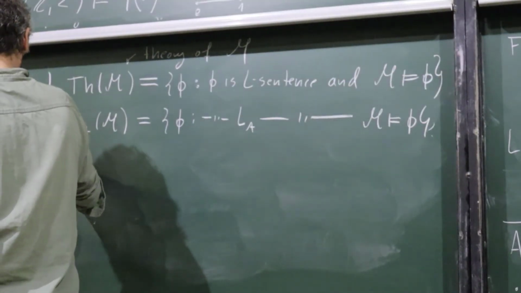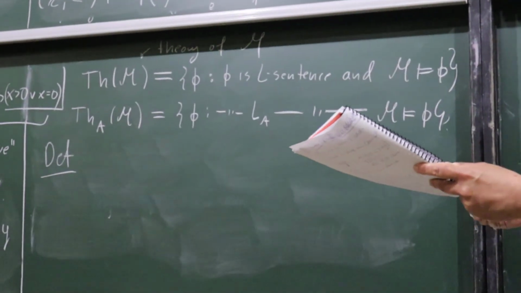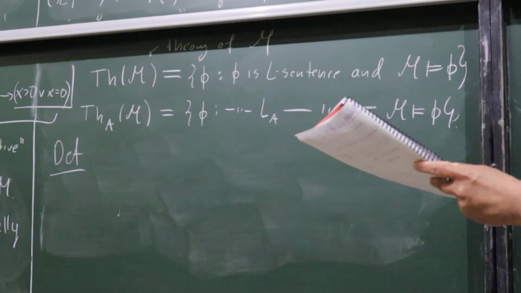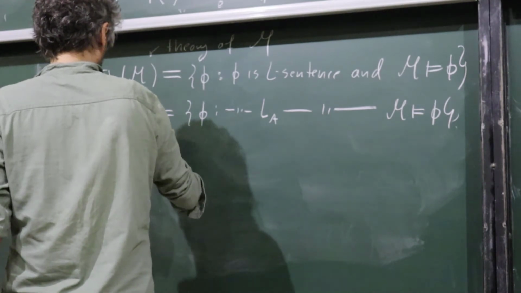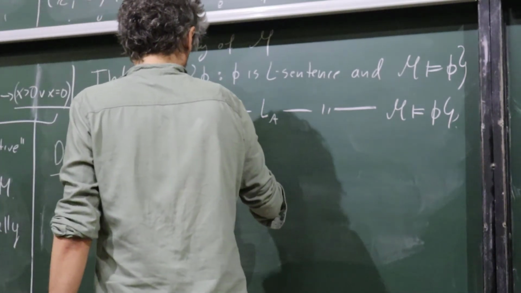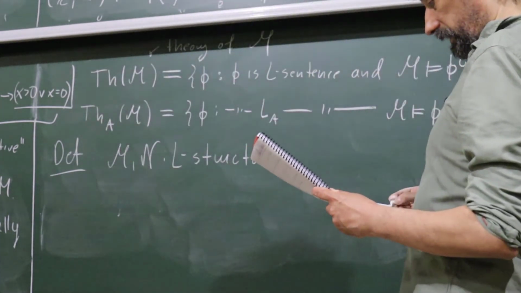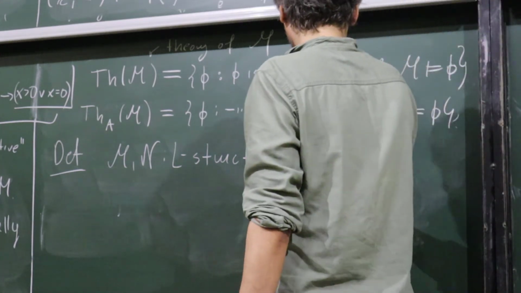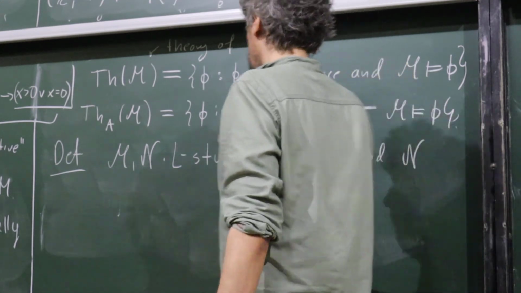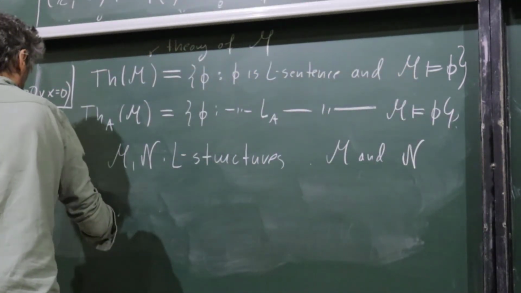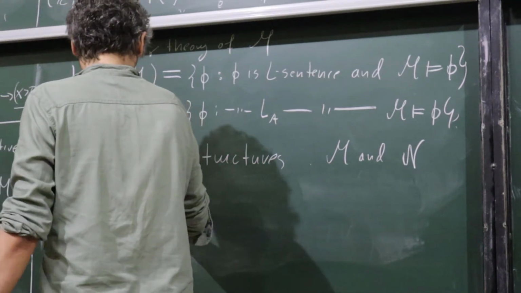Okay, and one more definition which gets us closer to these things we need for the Ax theorem and Nullstellensatz. When we have two structures, then we say they are elementarily equivalent.